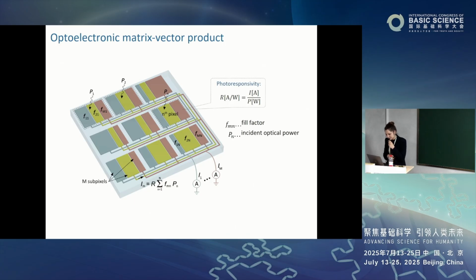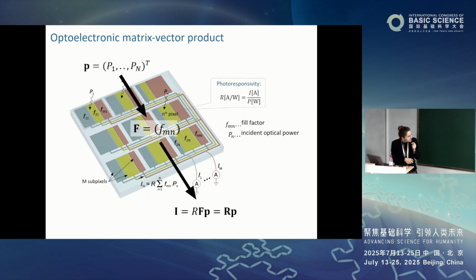These subpixels will provide the weights of the R vector. It's much easier to say R vector than photoresponsivity, so I'll just say R vector. And then you connect them in parallel. Each time you have a subpixel of the same color, you connect it in parallel to the other pixels. And I will show you why in a second.